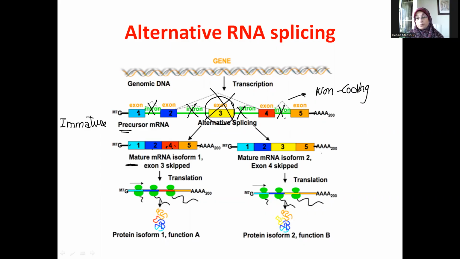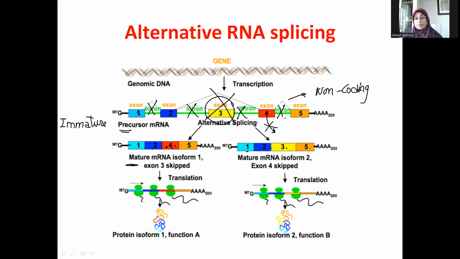Whereas in the other form, we again have 4 exons, but they are exons 1, 2, 3, 5, meaning that this time exon 4 has been considered an intron and has been removed.